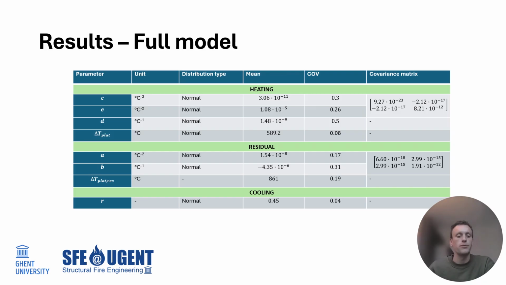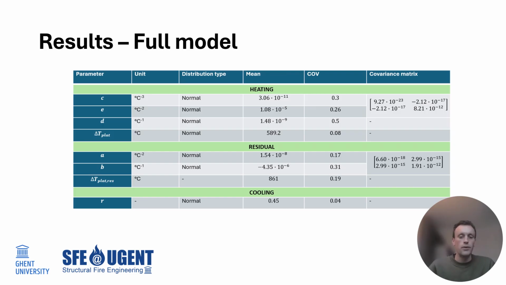We also saw that for the plateau temperature increase in the residual thermal strain model, there is not really a distribution type that we can fit because part of the update is missing because we don't have very high temperatures in there. And we also saw that for the cooling model, the posterior distribution of R is approximately normal with a mean value of 0.45 and a coefficient of variation of 0.04.